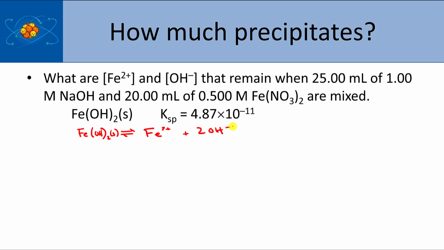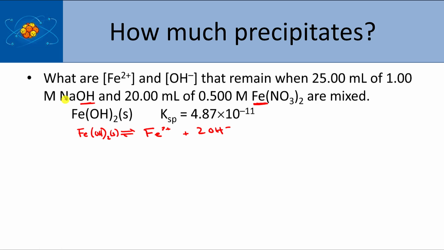And you know that the iron is going to come from this solution, and the hydroxide is going to come from this solution. And there's only one iron in that formula. This is one of the things I hadn't mentioned yet. There's only one iron in that formula, so the molarity of the compound is the same as the molarity of the ion. And the same thing is true here. The molarity of hydroxide will be the same as the molarity of sodium hydroxide at mixture, so when you mix them, okay?